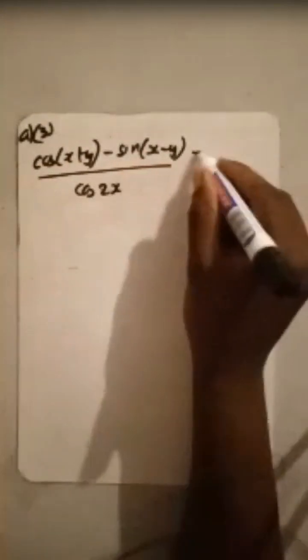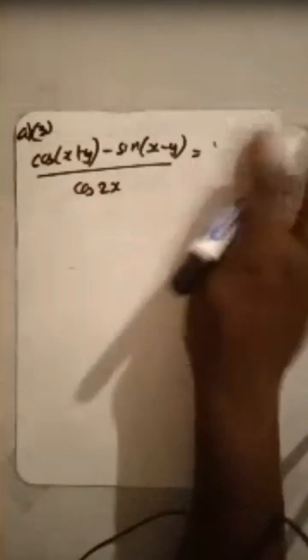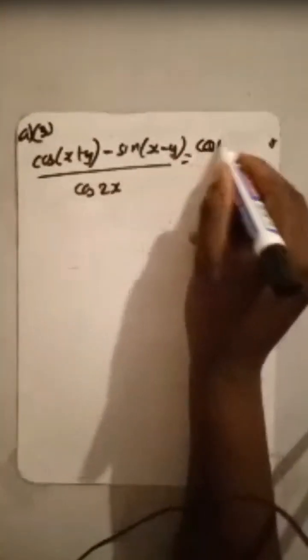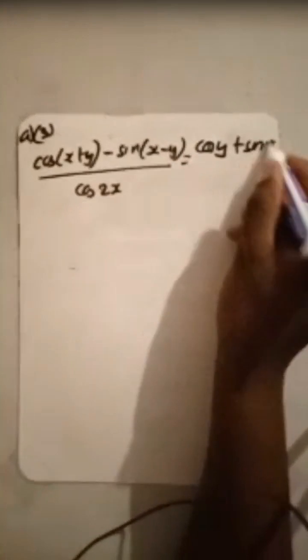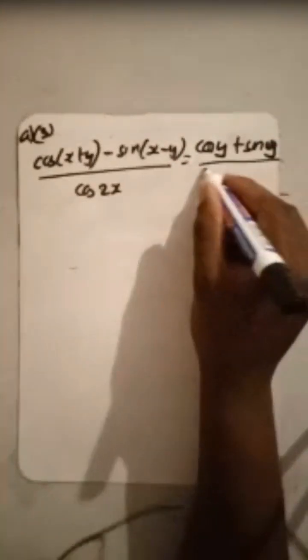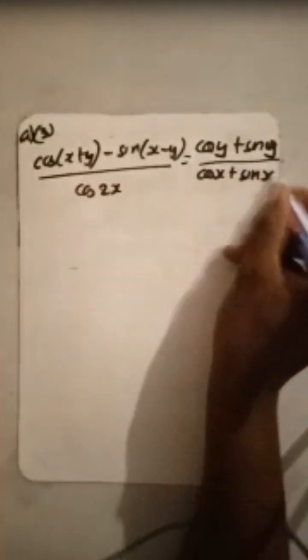A3 is saying cos(x + y) minus sin(x − y) over cos 2x is equal to (cos y + sin y) over (cos x + sin x).